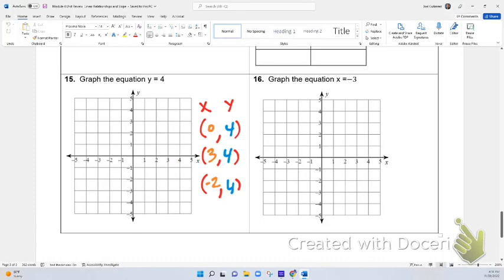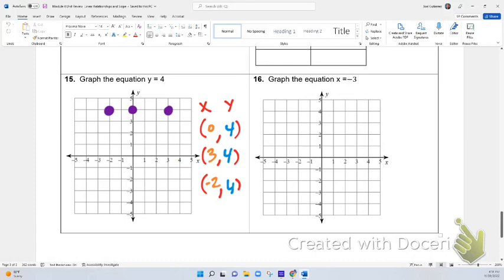So when we graph this, 0, 4 is going to be located here. 3, 4 is going to be 3 on the x-axis and 4 on the y-axis. And then -2, 4 would be -2 on the x-axis, a +4 on the y-axis.